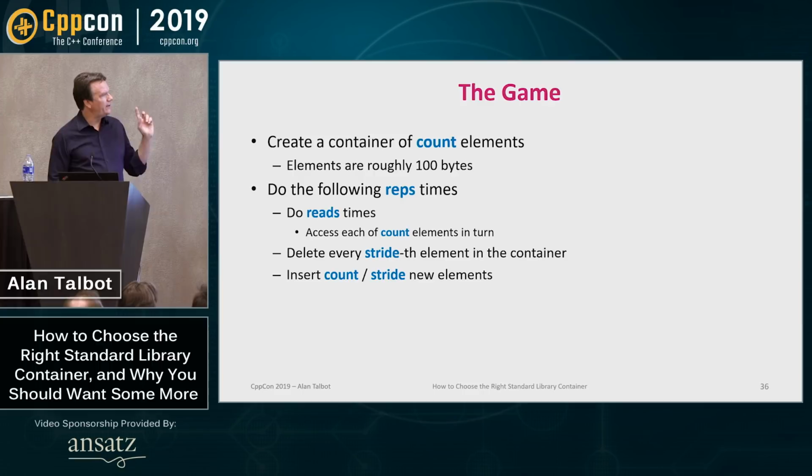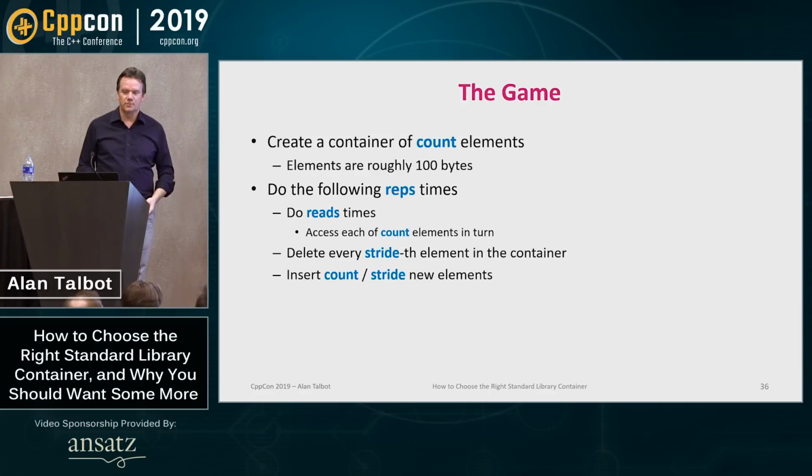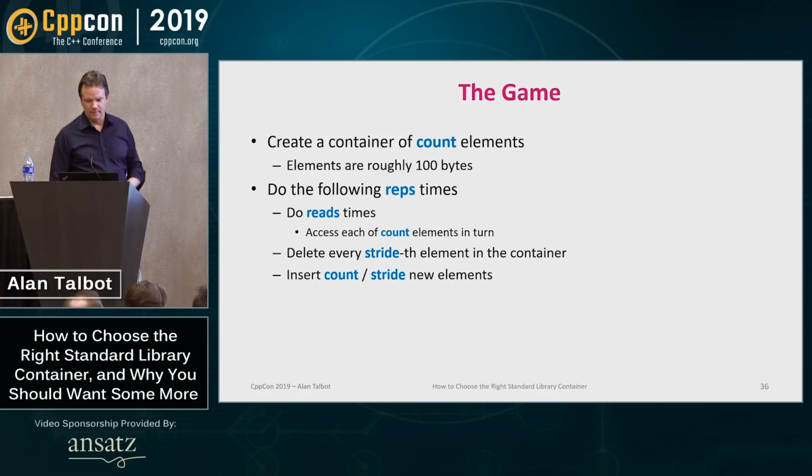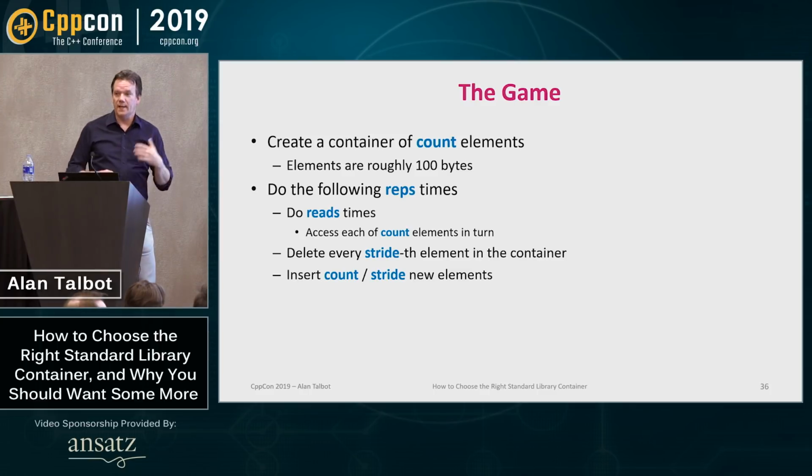So I did a very simplistic example of this. I didn't show the code because it just does this. There's nothing tricky going on. I just wrote code that did this algorithm. The elements are trivial, but I wanted them to not have zero size. So they've got some size to them. I'm going to have count elements, and I'm going to thrash reps times, just like the other example. You can think of this loop, the reps loop, as the game cycles.